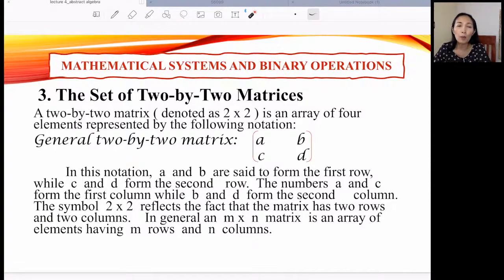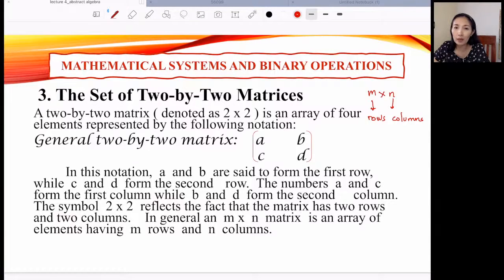In general, the size of a matrix is M by N, where M is the number of rows and N is the number of columns. Number of rows times number of columns gives the size or the order of a matrix.